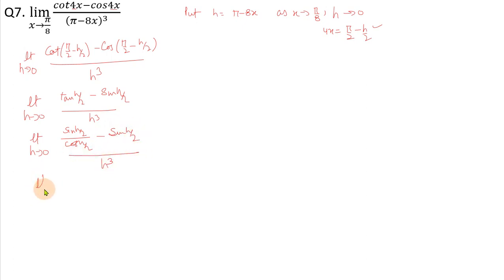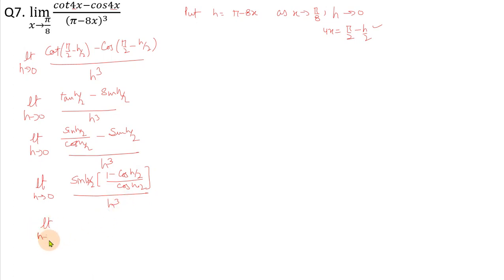So on simplification, we write sine h by 2 as common, and in the bracket we get (1 minus cos h by 2) upon cos h by 2, whole upon h cube.